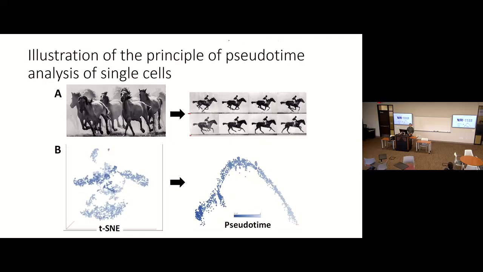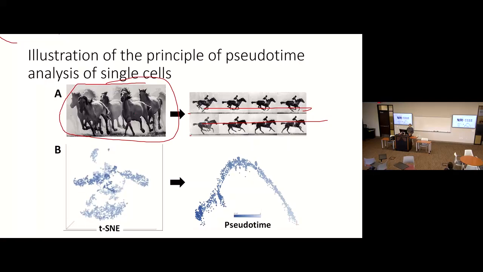But if you have a static picture, just one of them, with a lot of horses here, you can rearrange individual horses to regenerate this series of movements, the gait in different positions, and probably reconstruct the movement of a typical horse.